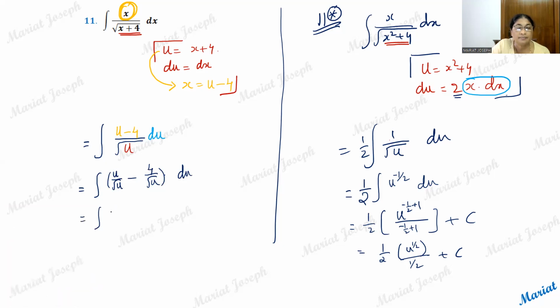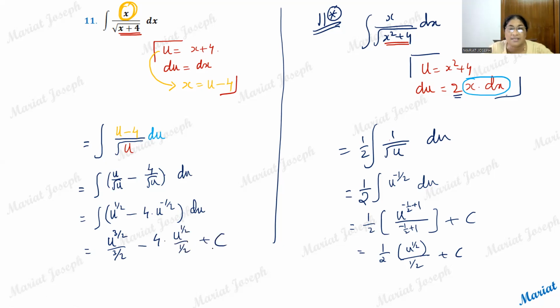Half. u raised to the power half is left here. Minus 4 into 1 upon root u. What is the power? Minus half. And now you are integrating it. What is the integration now? u raised to the power 3 by 2 upon 3 by 2, minus 4 into u raised to the power half upon half, plus c. Now you replace u. That is question number 11.